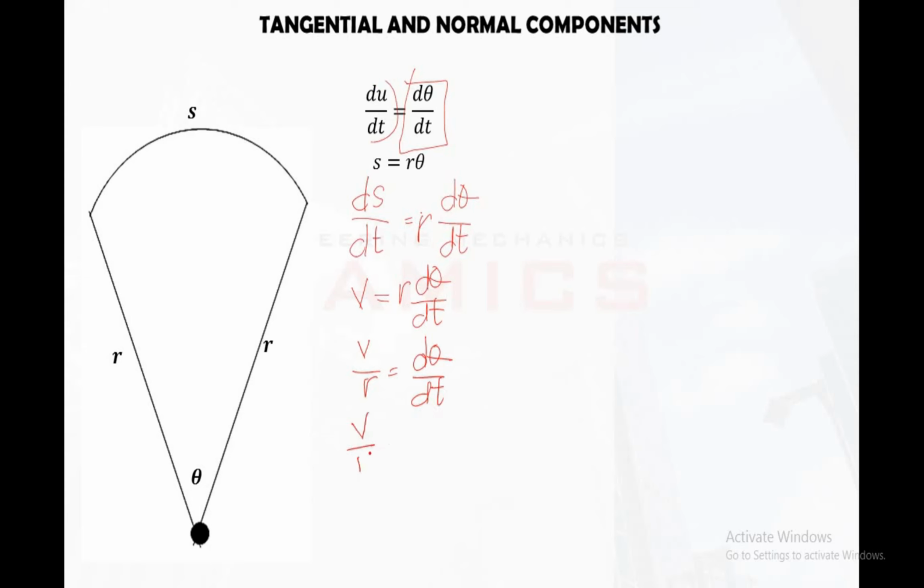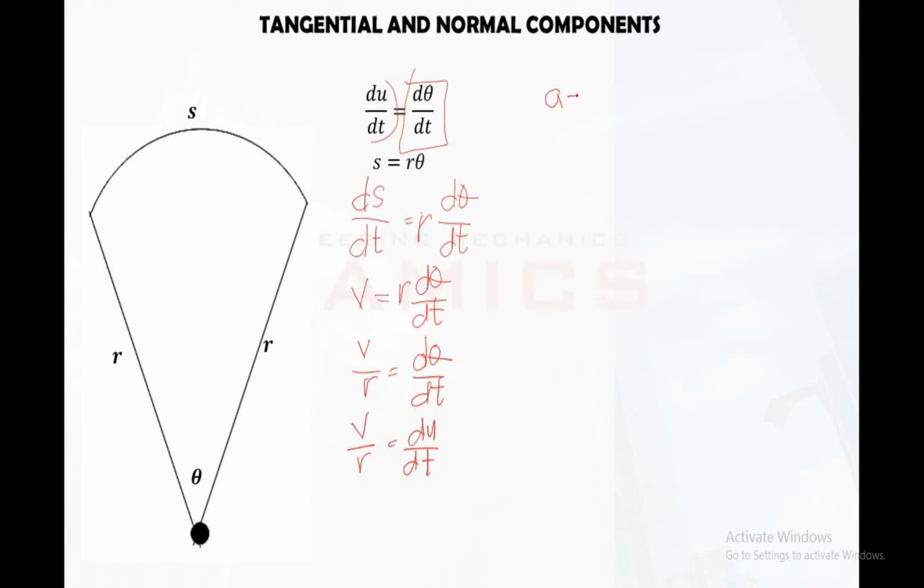So, with that, v over r is equal to du over dt. Yan ngayon. I'm just showing you paano na-derive yung mga equations. I did not discuss this during yung mga pumunta dito last Monday.